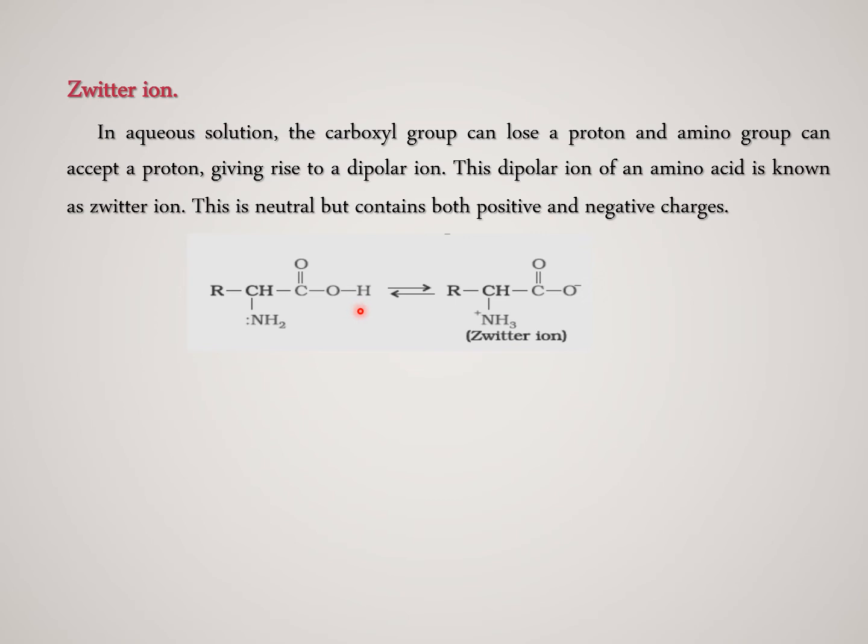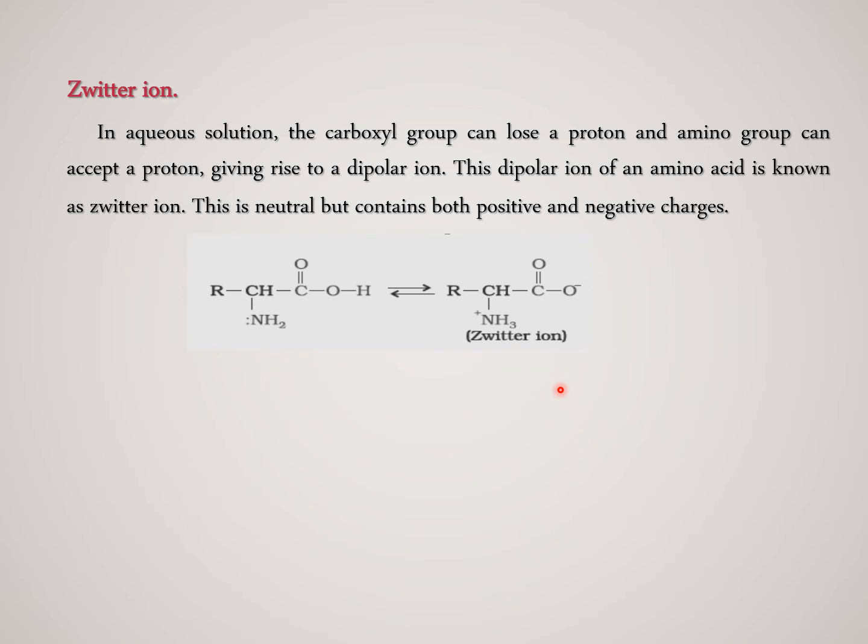So when it donates the H plus ion, it is accepted by the basic NH2 group to become NH3 plus after accepting the proton. And C double bond O minus is the other part of the formula. As there are two opposite charges in the same molecule, the compound is a dipolar ion, a Zwitter ion.